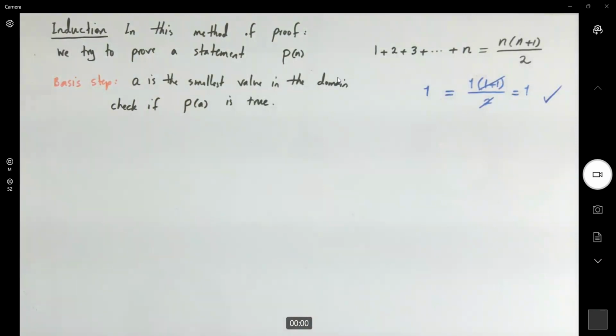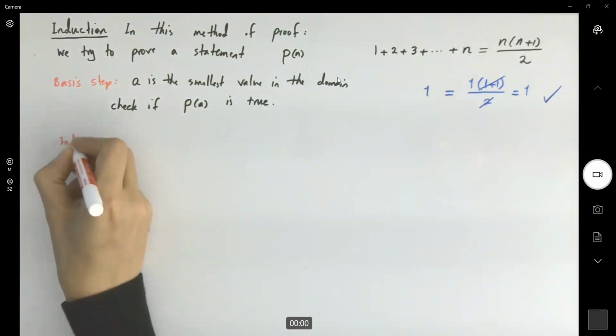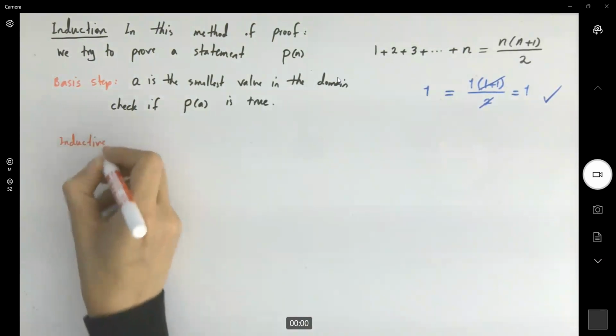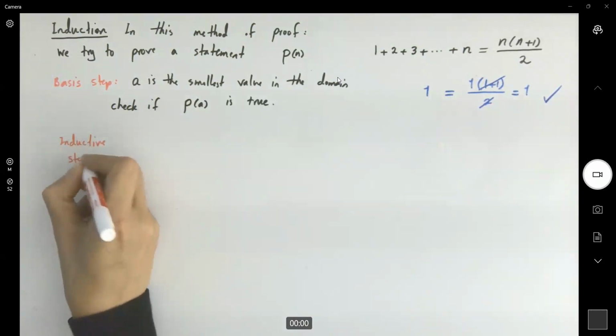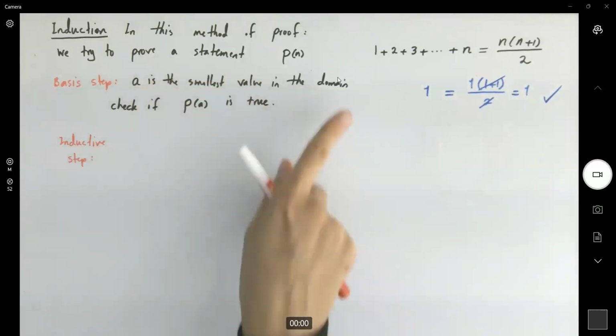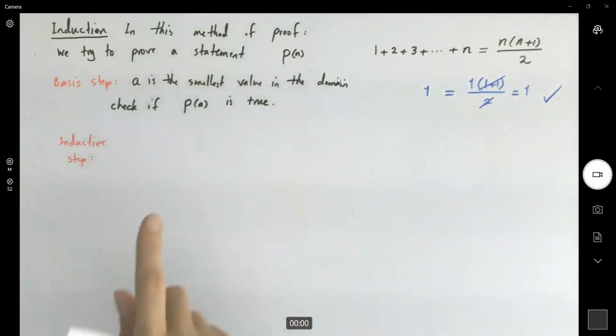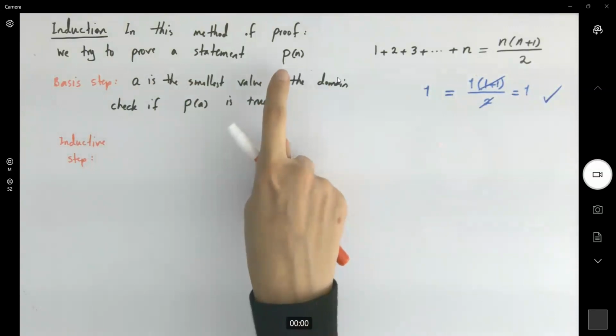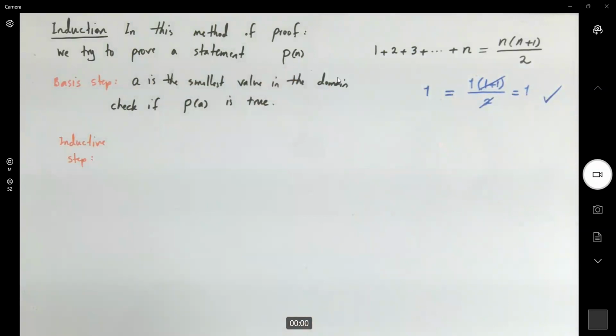The next step is called the inductive step. Inductive step. You're going to assume that your statement is true for any number less than or equal to n.